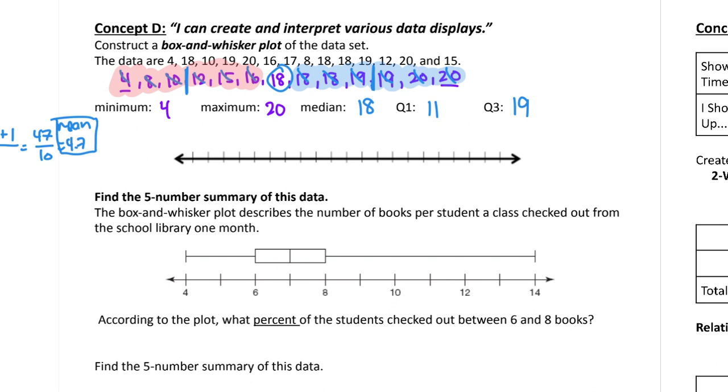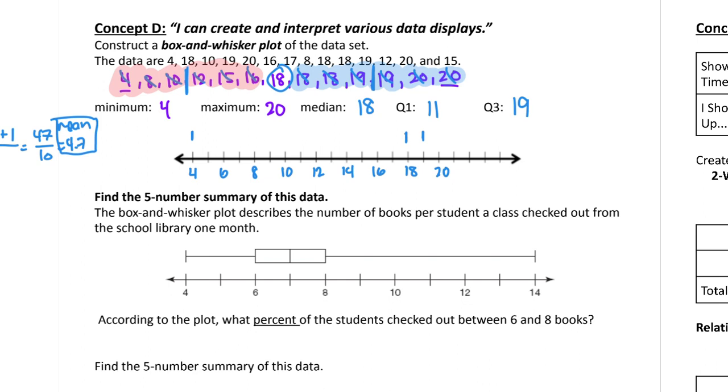All right, now we're going to make our box plot. So our box plot needs to start at 4. I'm just going to go by 2s here. We just need to make sure our graph goes up to 19, which it does. And then to make our box plot, start with the minimum and the maximum, so 4 and 19. My median is going to be 18.